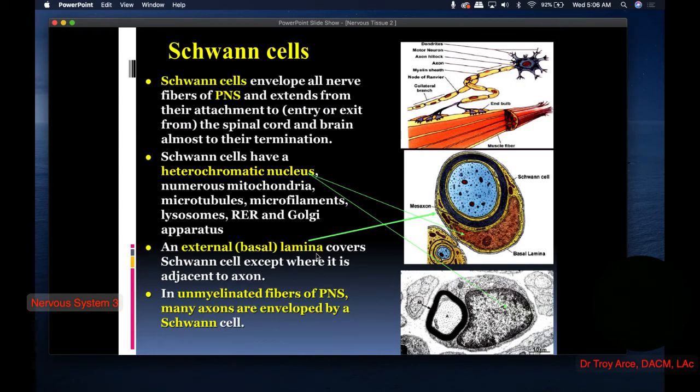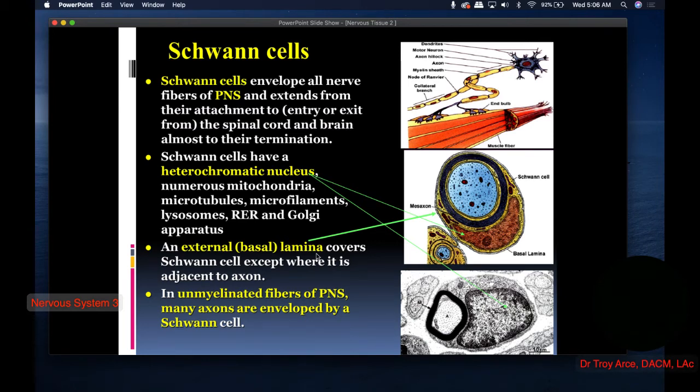Schwann cells. So Schwann cells envelop all nerve fibers of the peripheral nervous system and extend from their attachment to entry or exit from the spinal cord and the brain, almost to their termination. Schwann cells have a heterochromatic nucleus and numerous mitochondria, microtubules, microfilaments, lysosomes, rough endoplasmic reticulum, and Golgi apparatus.